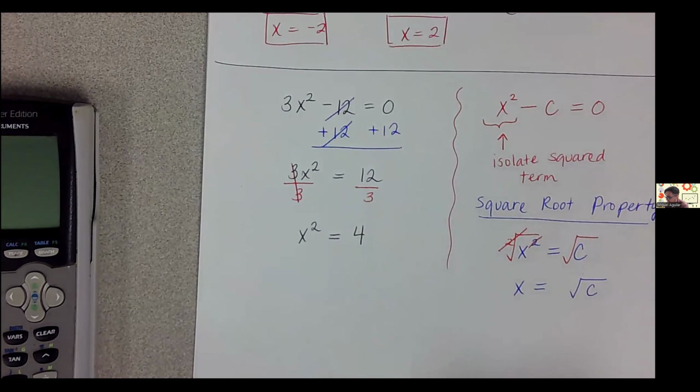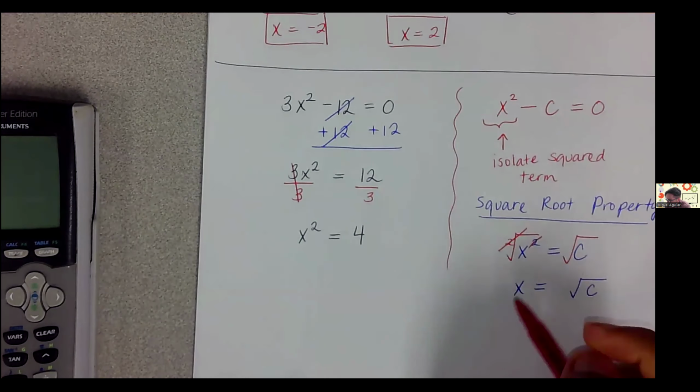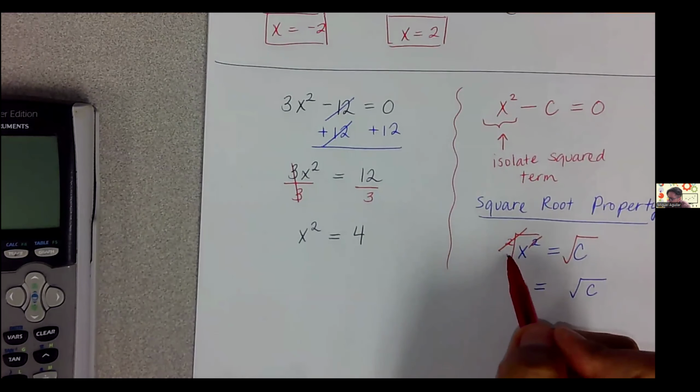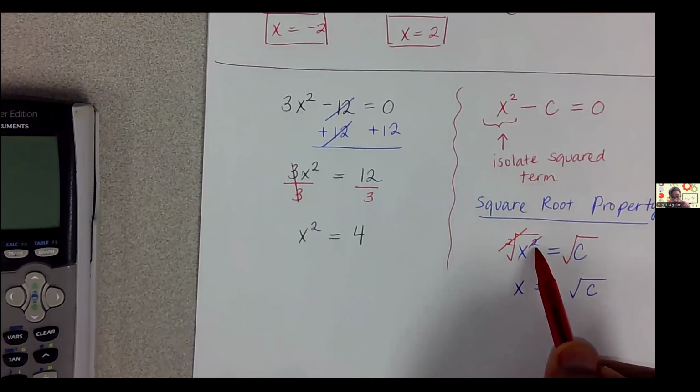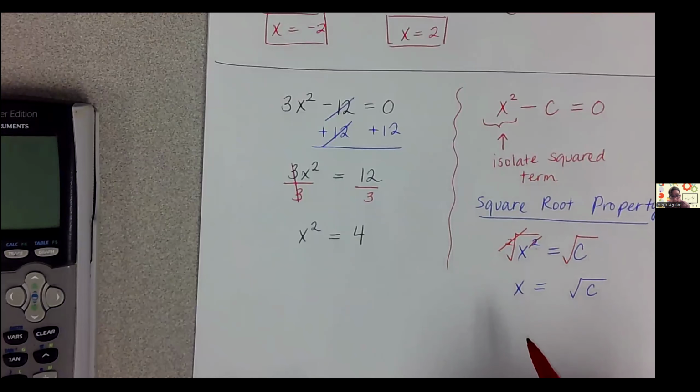Okay. But one very important thing here is that we know we should be getting two solutions from quadratic equations. And so you may hear some people express it that if we take the square root of both sides of this equation, in other words, if you take the square root of something squared, you'll end up getting the absolute value of x.